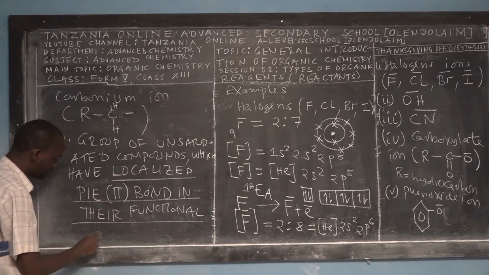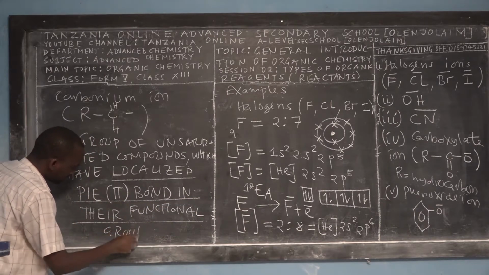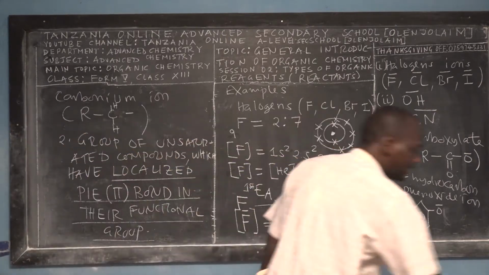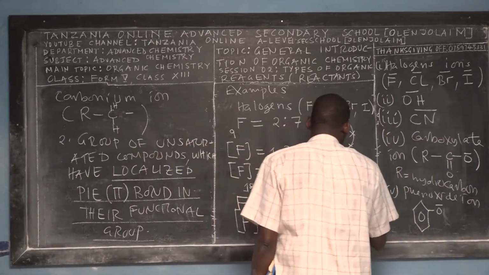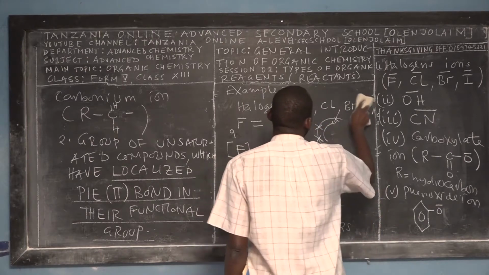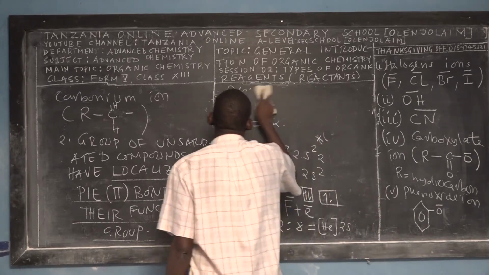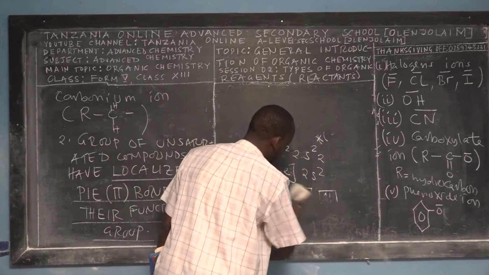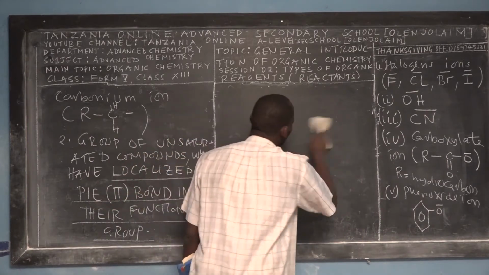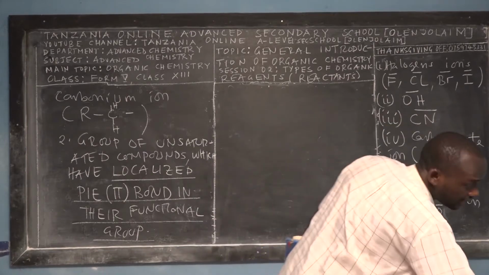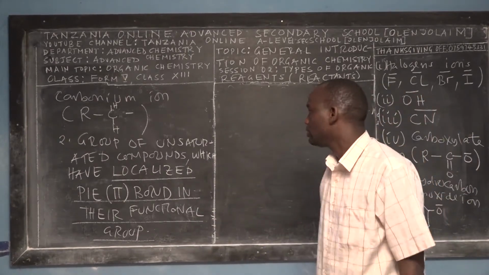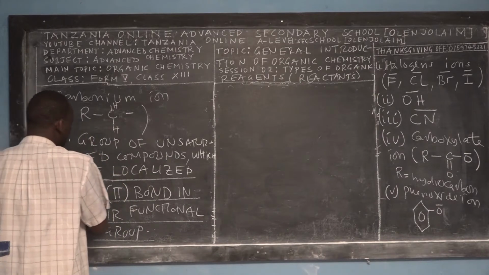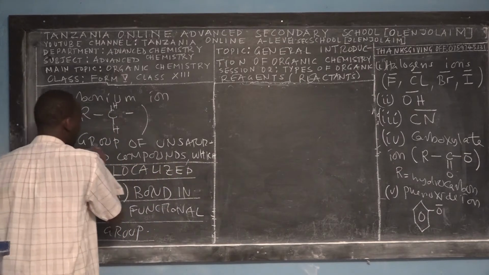Pi bond in their functional group. So that is the second type of nucleophile. Possibly you have never learned nucleophile or types of organic reagent in this way. So this is the second type of nucleophile.